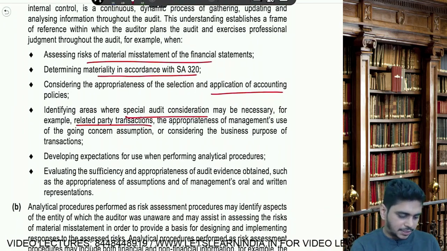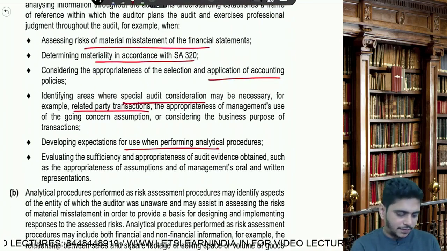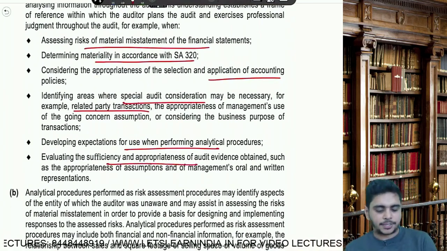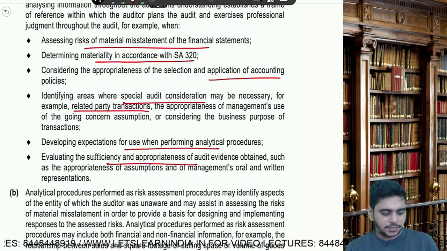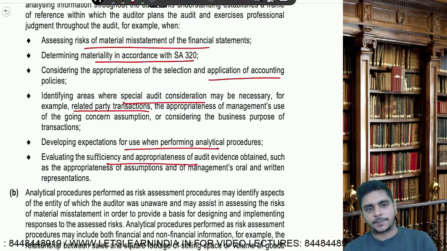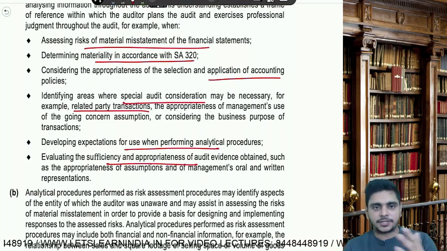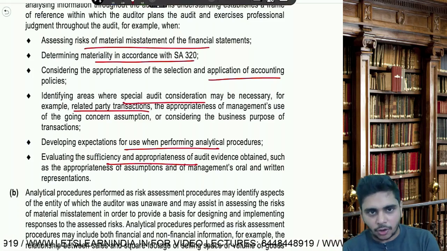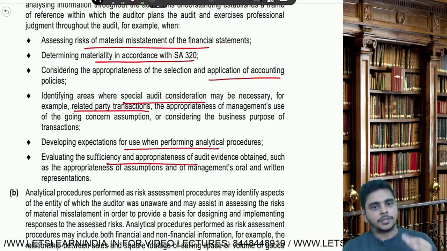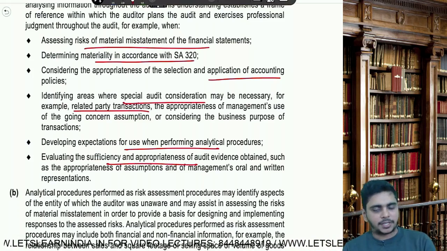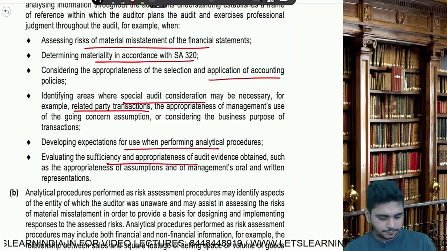Then developing expectations for performing analytical procedures, and evaluating the sufficiency and appropriateness of audit evidence obtained, such as the appropriateness of the assumptions and of the management's oral and written representations. So you need to mug this up. Examples of when you are obtaining the understanding: to assess the ROMM, materiality. Third, special consideration for RPT, performing analytical procedures, and sufficiency and appropriateness of audit evidence.